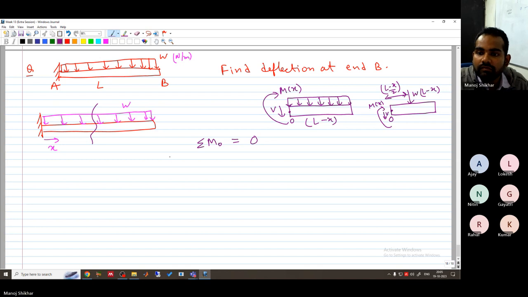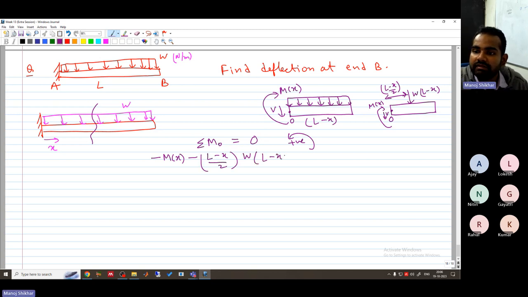I'm assuming counterclockwise to be positive. So minus Mx minus (L minus X) by 2 into W into (L minus X) equal to 0.